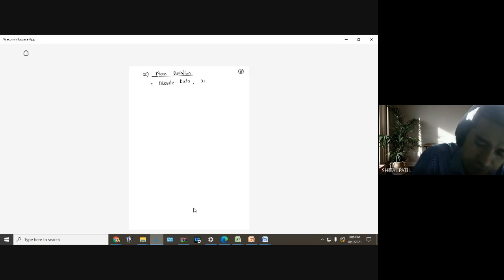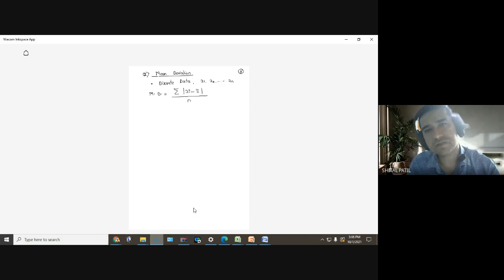So how is discrete data given? x1, x2, x3 up to xn. And mean deviation is given by summation of modulus of xi minus x bar that we obtained some time before. But remember that is to be divided by the number of observations.